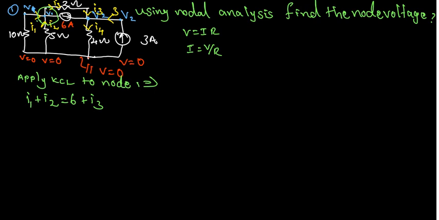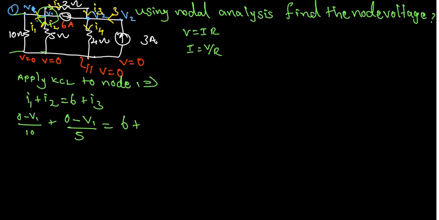For I1, the voltage difference is 0 minus V1 over 10 ohms, plus I2, which is 0 minus V1 over the resistance 5 ohms, is equal to 6, which doesn't change, plus I3.